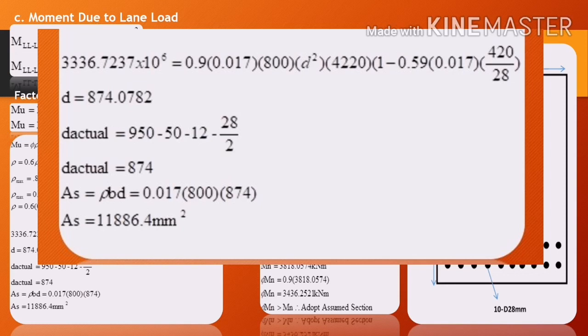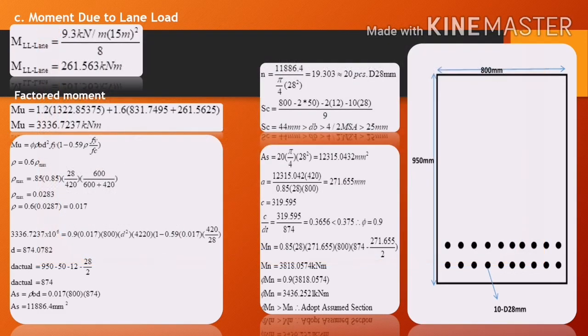After that, we can now solve for the area, which is equal to 1188. We will use the 25 millimeter bar for the girder. So now we can solve for the number of bars, which is equal to 20 pieces. Then check for the spacing.